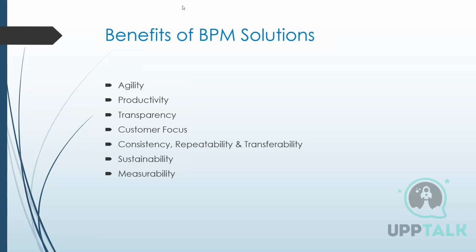Transparency. Whenever you have all the business transactions or processes, when you are able to look after them visually, you get to know the status of each one of them. So it's a little more transparent here. There's nothing to hide.